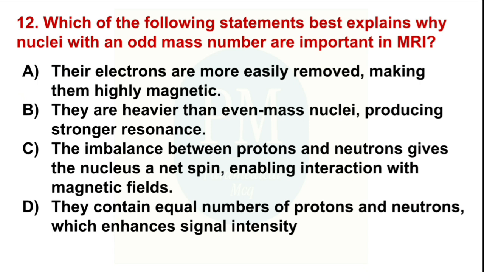Option C. The imbalance between protons and neutrons gives the nucleus a net spin, enabling interaction with magnetic fields. Option D. They contain equal numbers of protons and neutrons while enhancing signal intensity. The correct option is option C. The imbalance between protons and neutrons gives the nucleus a net spin, enabling interaction with magnetic field.